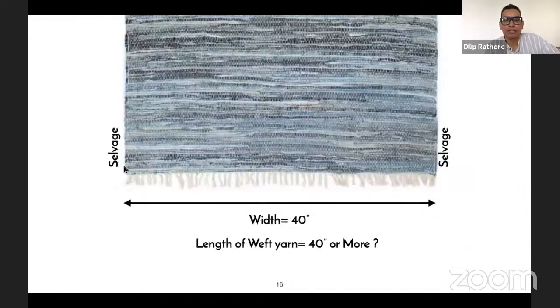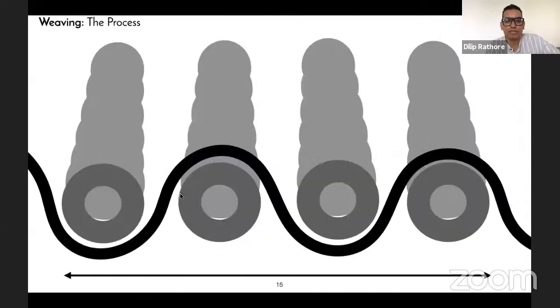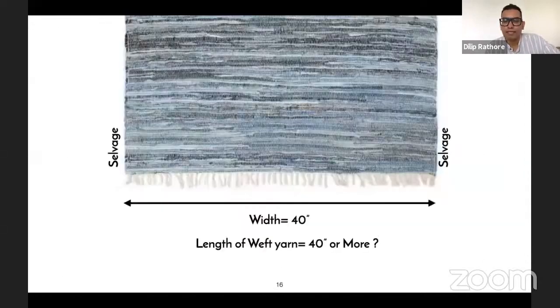So in the real aspect, if the width of the fabric is 40, the length of the weft yarn is going to be 40 inches or more. Because we saw here the weft travels more, that means weft is more than the width of the fabric. That means the weft can stretch because there is more yarn in this much width.